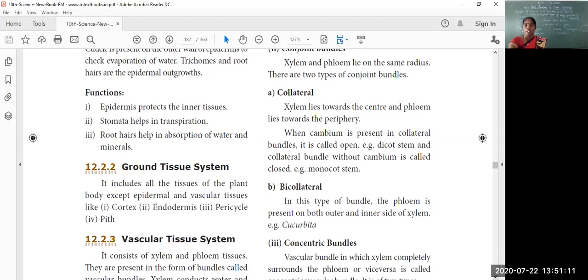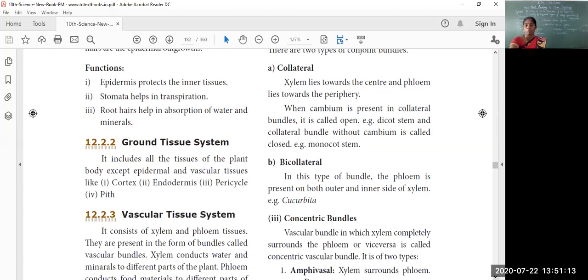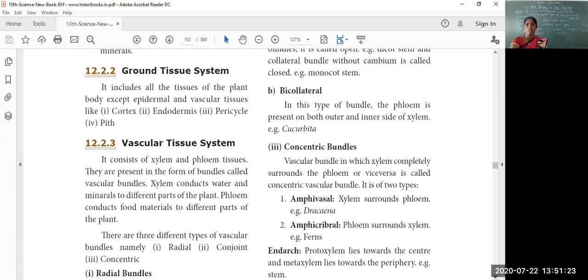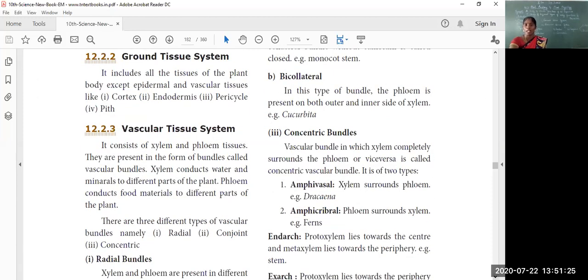Next one, bicollateral. In this type of bundle, the phloem is present on both the outer and inner sides of the xylem. For example, Cucurbita. Then the next one, concentric bundle: vascular bundles in which xylem completely surrounds the phloem, or vice versa.